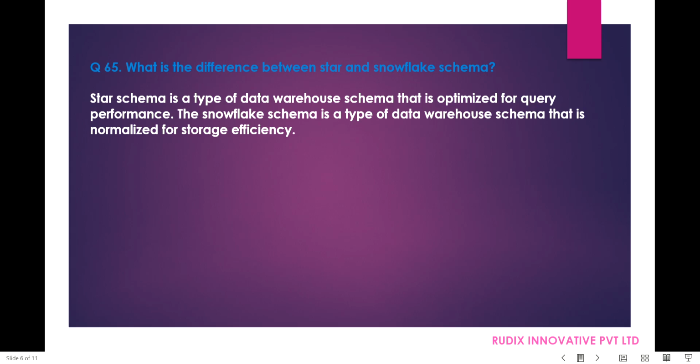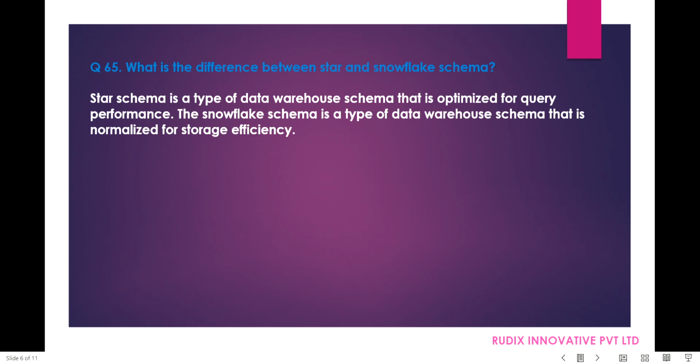What is the difference between star schema and snowflake schema? This is also a frequently asked question. Star and snowflake schemas are the most commonly used schemas when it comes to database models. Both have their advantages and disadvantages. When the data is in normalized form, we use snowflake schema, and when we have denormalized data, we use star schema.